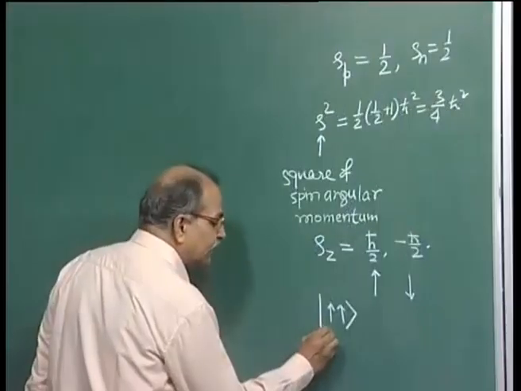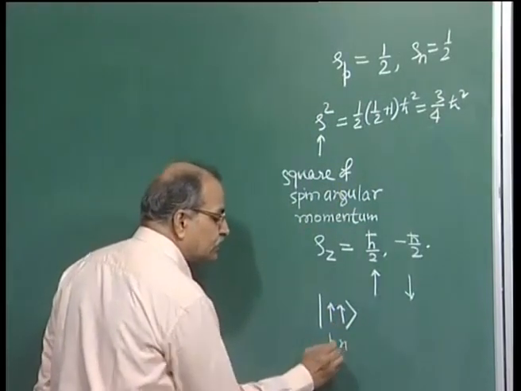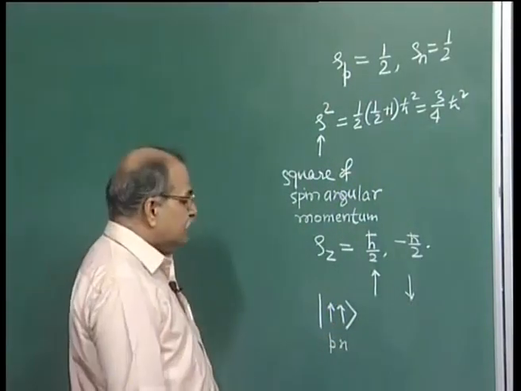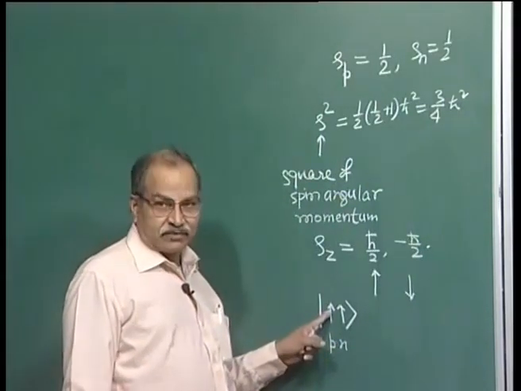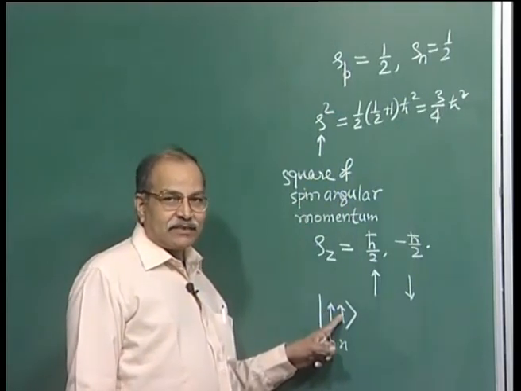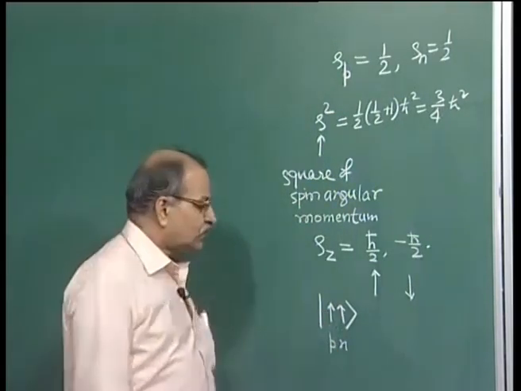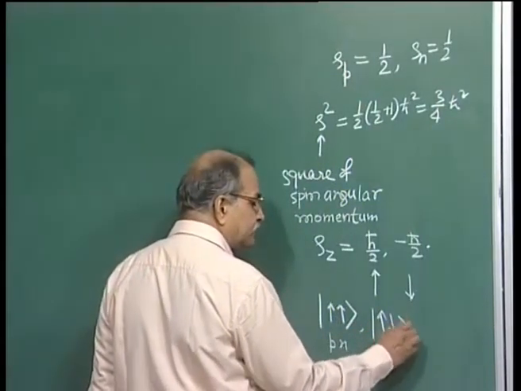So, if you decide that first arrow is for proton and second is for neutron, this tells me that proton has Sz equal to plus h cross by 2 and neutron also has Sz equal to h cross by 2.